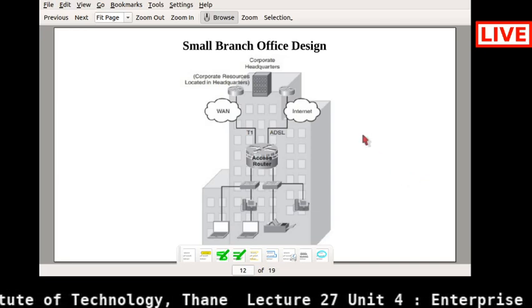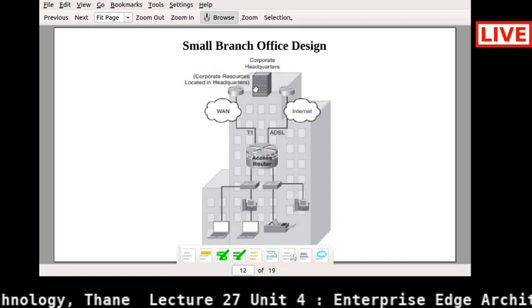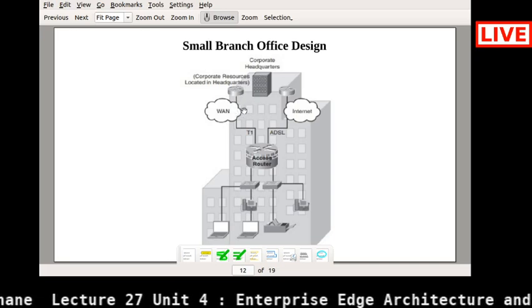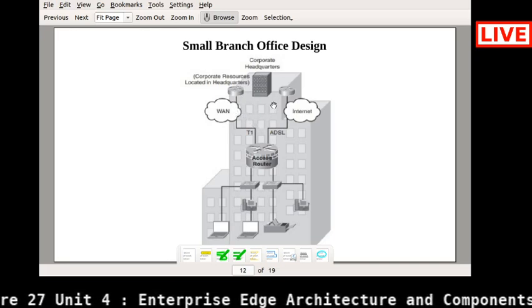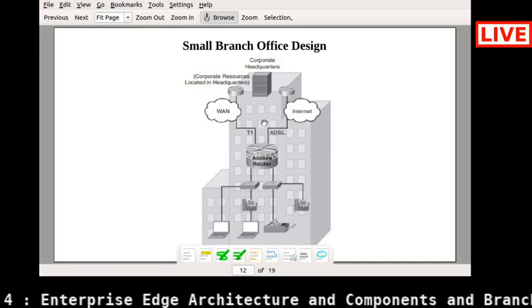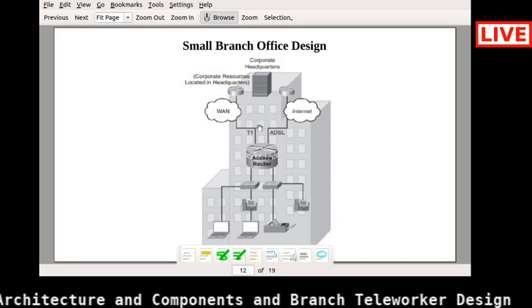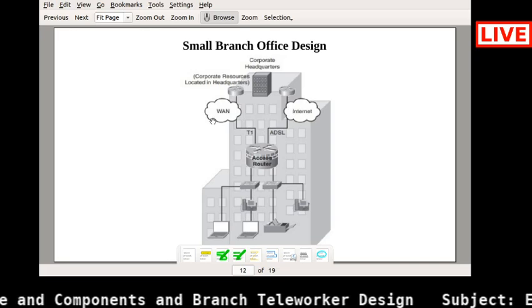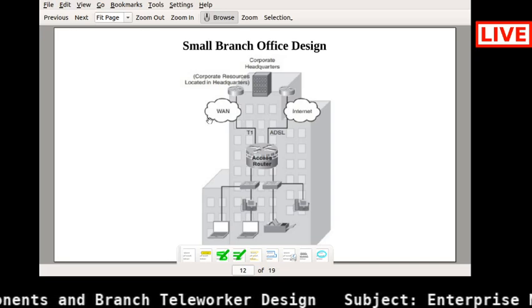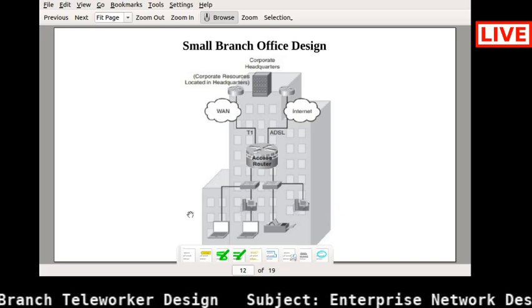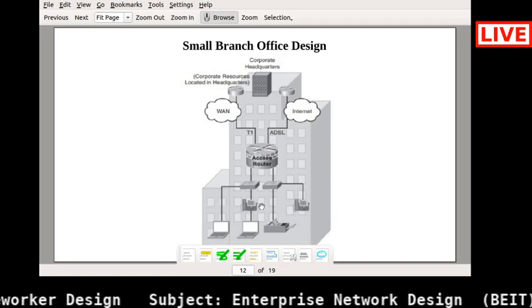So if you see this small branch office design, obviously it will have just one ISR, this access router over here, which will be providing some layer 2 switching, and some of the end devices are to be connected to this branch office, right?